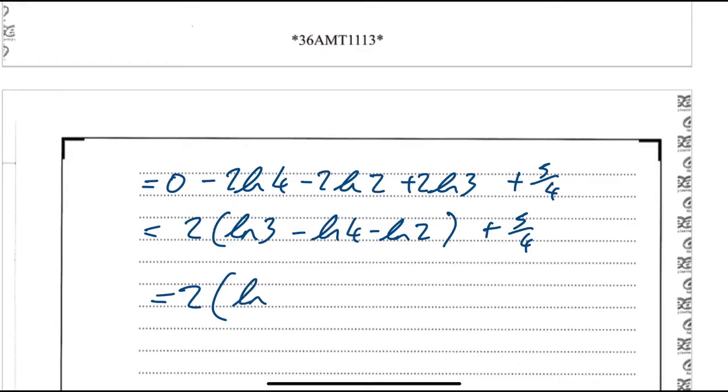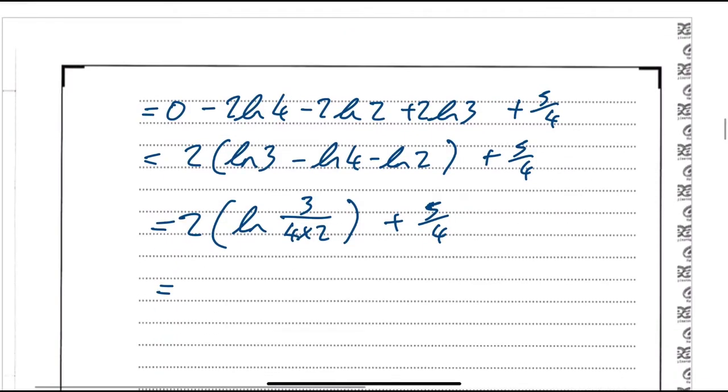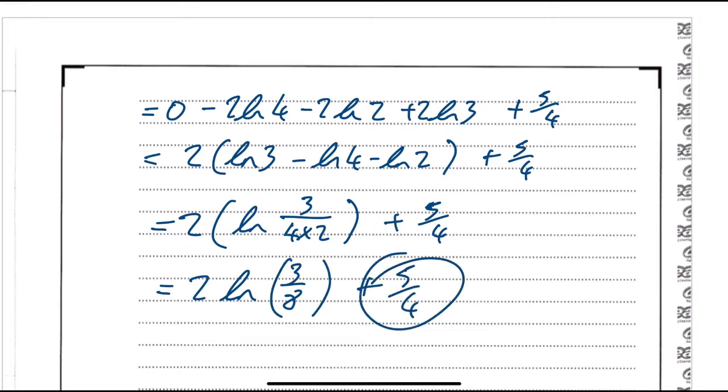On your top line is going to be ln 3, and the bottom line is going to be 4 times the 2, and then plus your 5 over 4. So this can sort out to be 2 ln of 3 over 8, and then plus 5 over 4. And this is a bit I'd made a mistake on earlier on, so hopefully I've corrected that. Hopefully that is now right. So there we go. If it's not, apologies.